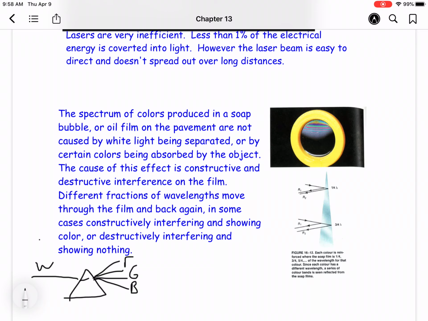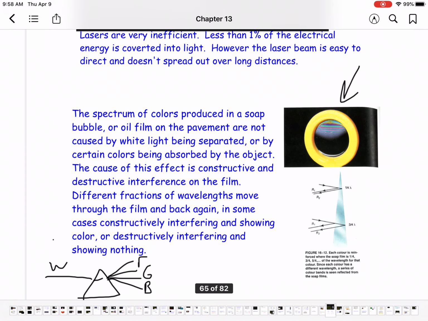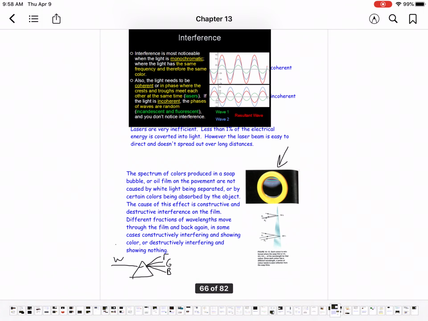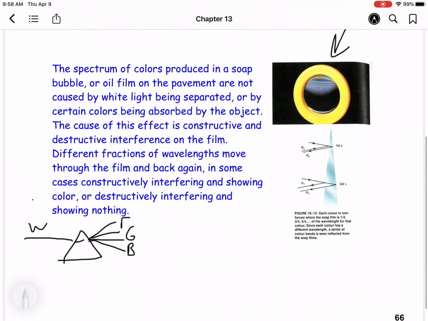That's a prism, but this is actually different. With this film, this thin layer, what we're actually seeing is interference. Light comes in, and part of the light reflects off the first surface and part of it reflects off the second surface, and they overlap in superposition on each other.